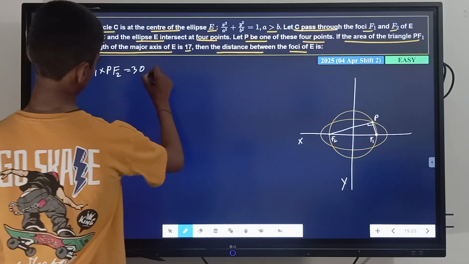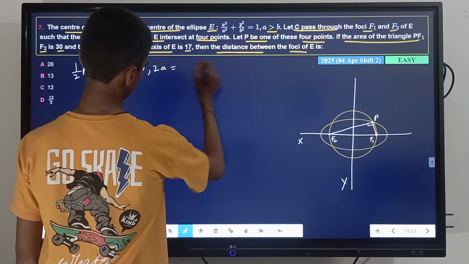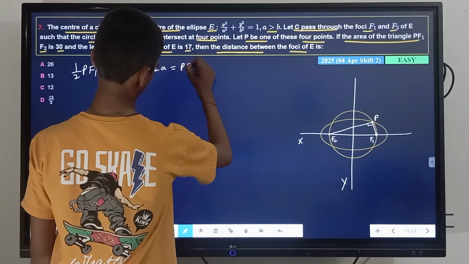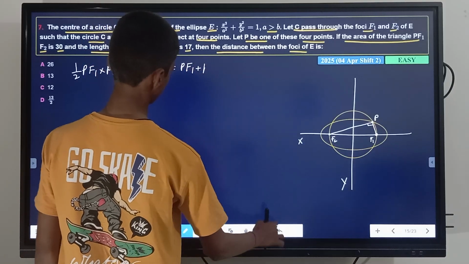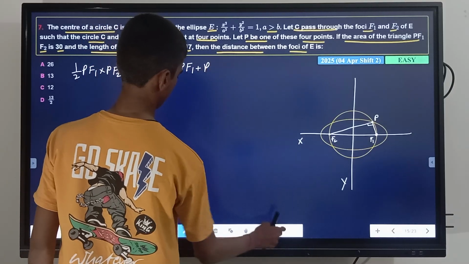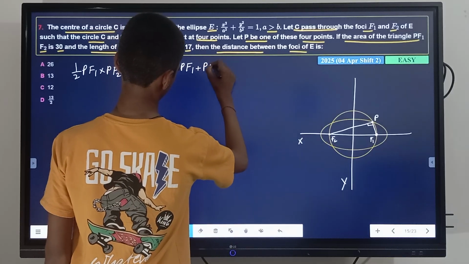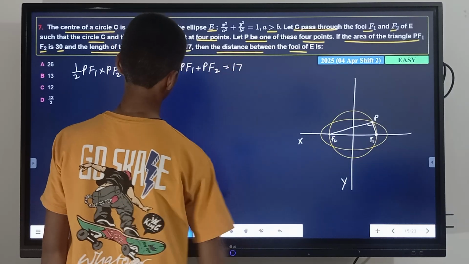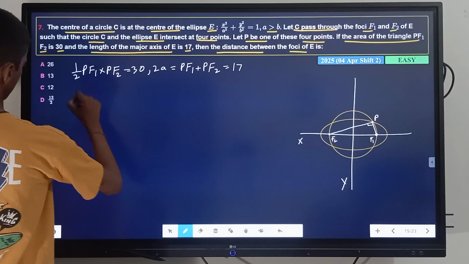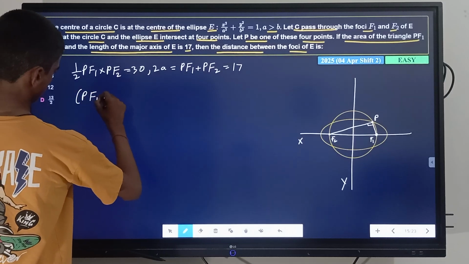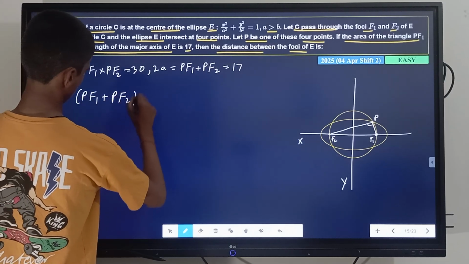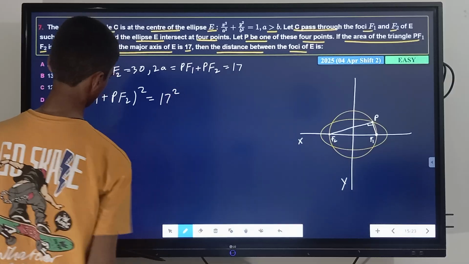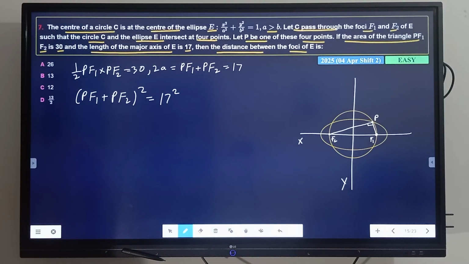And the length of the major axis is 2a, which is also equal to PF1 plus PF2, which is equal to 17. Now (PF1 plus PF2) whole square is 17 square.